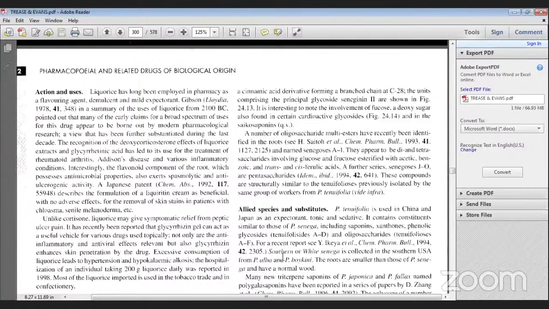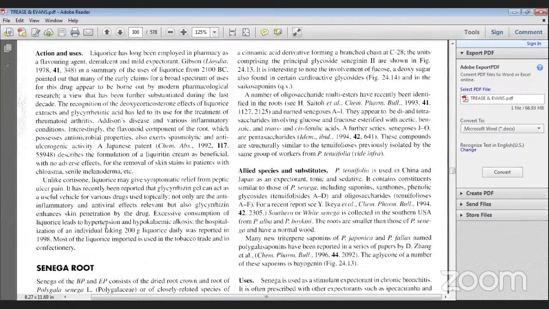Due to glycyrrhizinic acid, it has mineralocorticoid activity, and it is used in treatment of rheumatoid arthritis and different inflammatory conditions of the body.